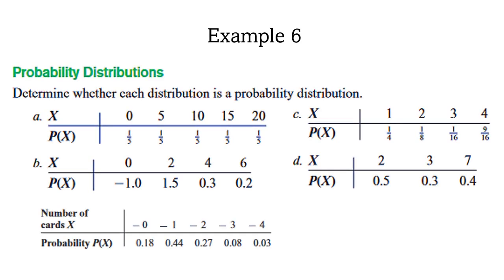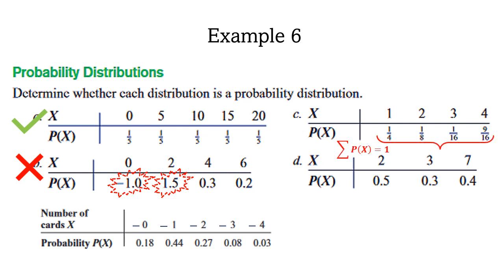Having said that, let's determine whether each distribution is a probability distribution. If we look at A, each probability is between 0 and 1, and the sum of all probabilities is 1. Therefore, A is a probability distribution table. While B is not, because we have 2 probabilities, one exceeding 1 and one is negative.